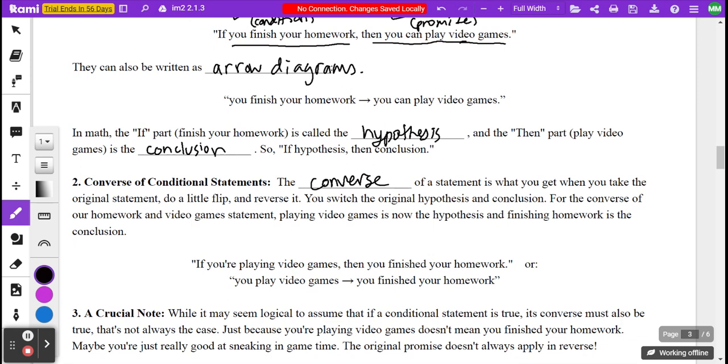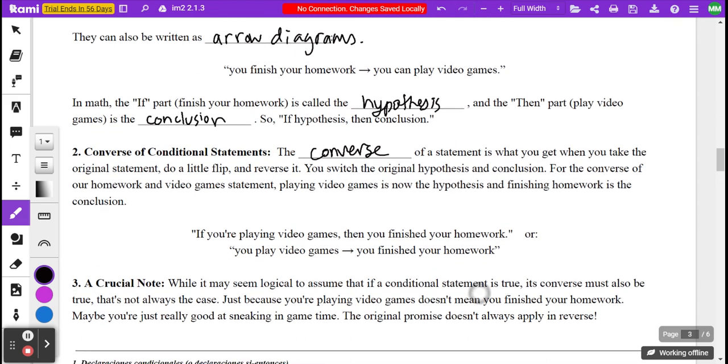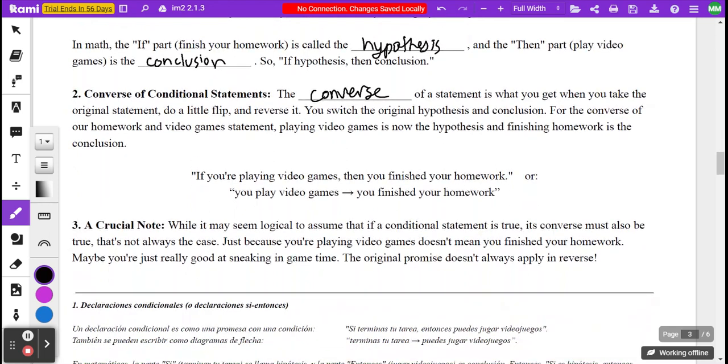For the converse of our homework and video games example, playing video games is now the hypothesis and finishing homework is now the conclusion. So we've switched them. Becoming, if you're playing video games, then you finished your homework.